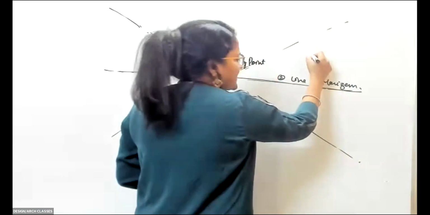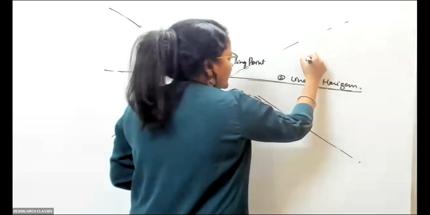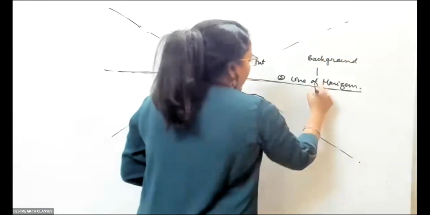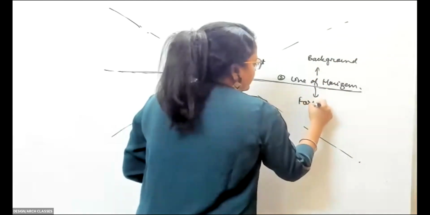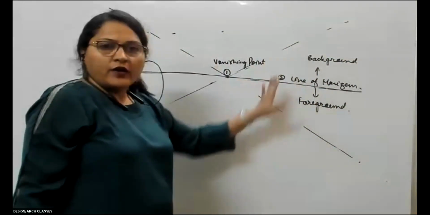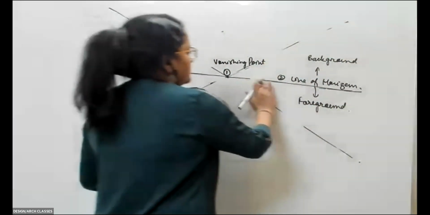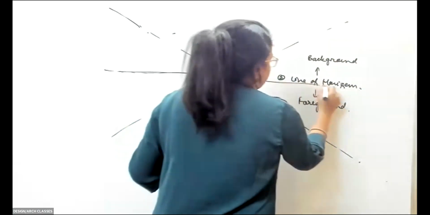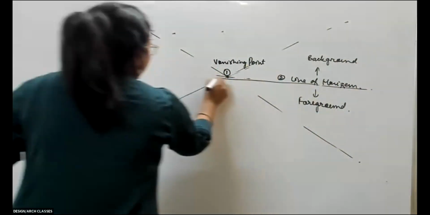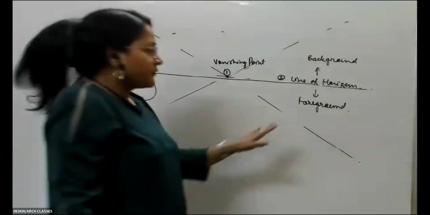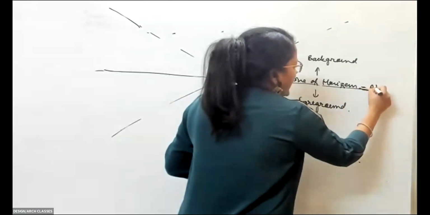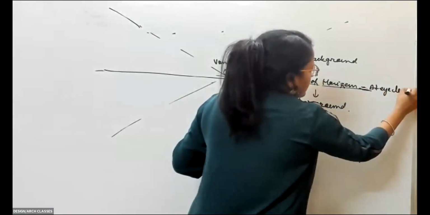So it distinguishes between, please write it, background and foreground. ठीक है? Generally, line of horizon is at eye level.